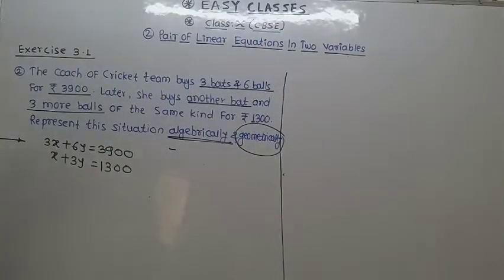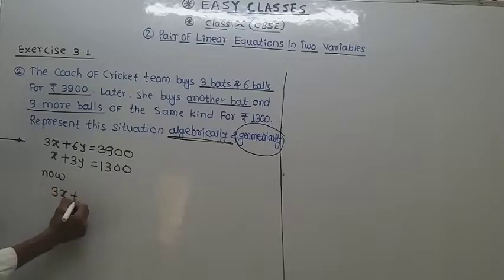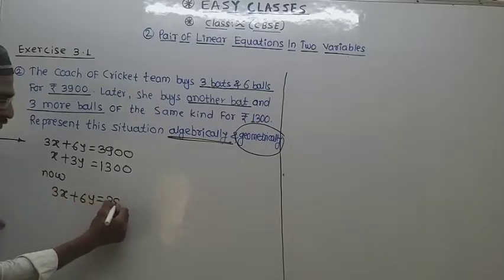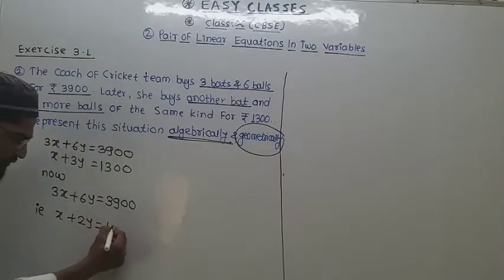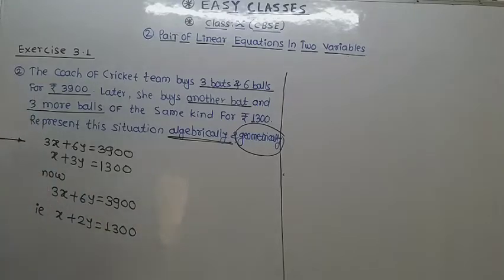Now we will start one by one. So first equation, 3x plus 6y is equal to 3900. We can reduce it because if we take 3 common, or divide the given equation by 3, we get x plus 2y is equal to 1300.